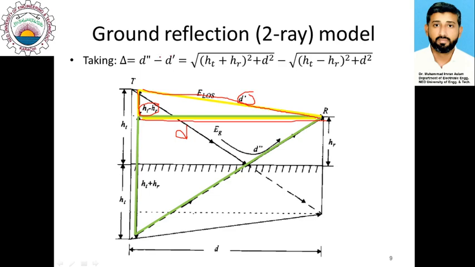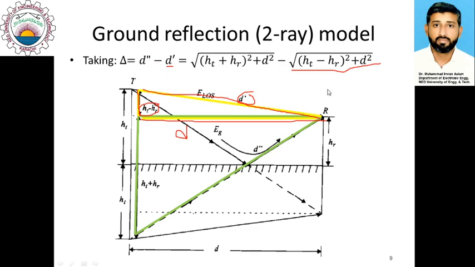So this d prime would be calculated by Pythagoras theorem, and can be given as the square root of (ht minus hr) squared plus d squared. So from these two triangles we can easily calculate both the distances here, and we can calculate the difference by simply subtracting both the distances.